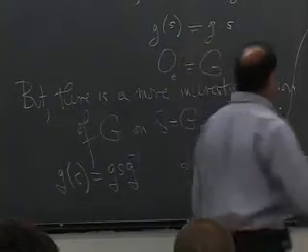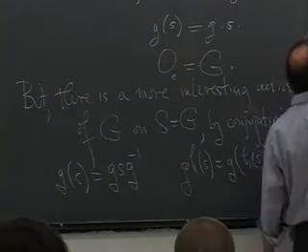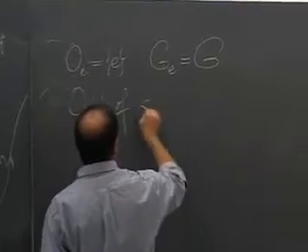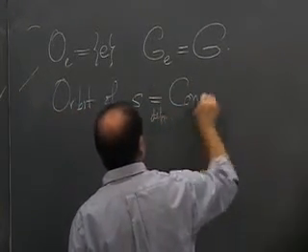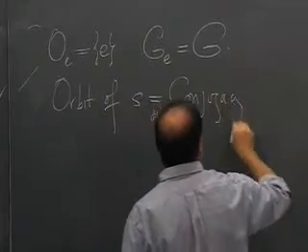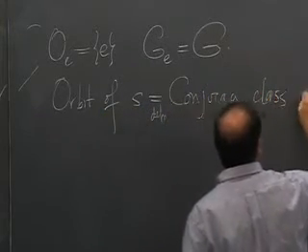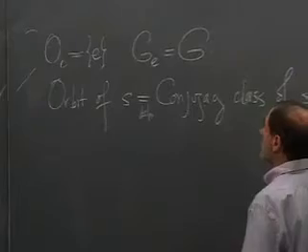The orbits are called the conjugacy classes. That's the definition of a conjugacy class of s.